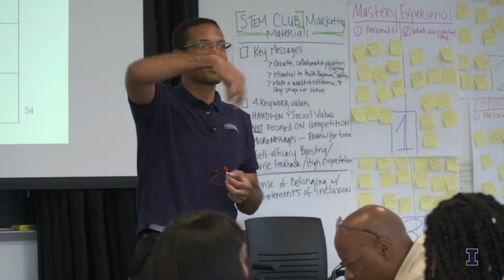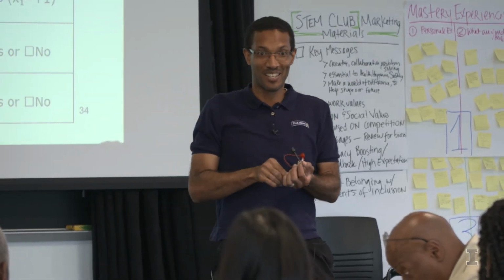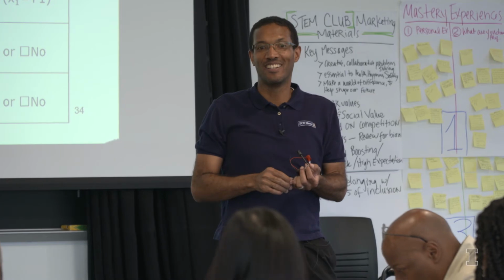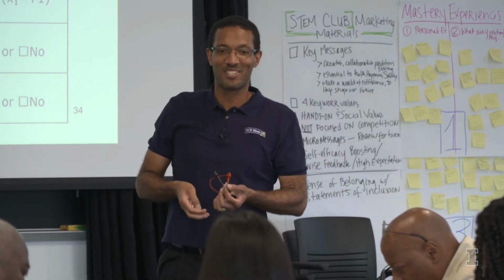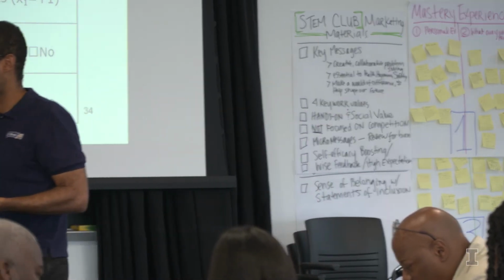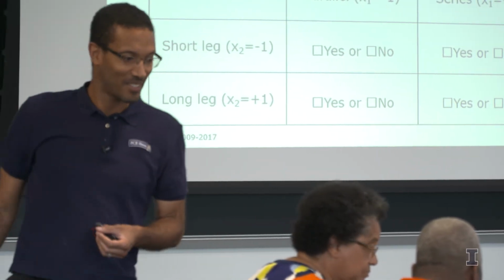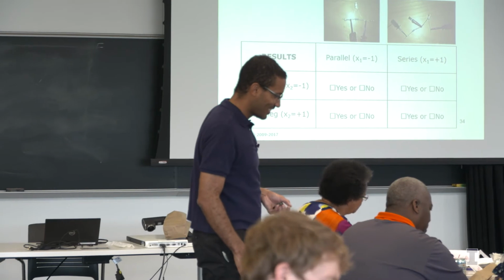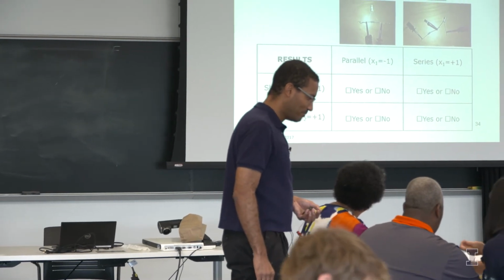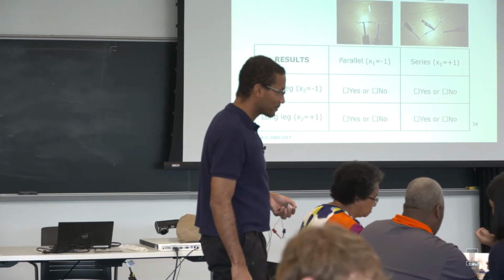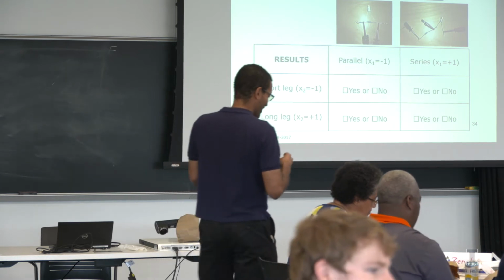So maybe the lab assistants can circle around and answer questions as we're going. OK, so you record, does it light up, does it not light up? That's before you put the resistor on.